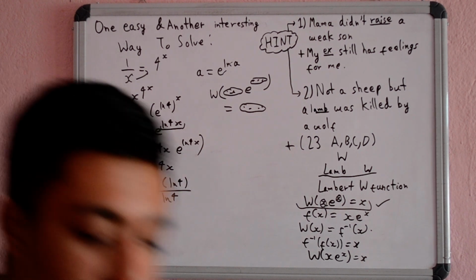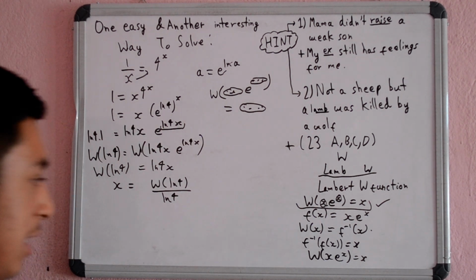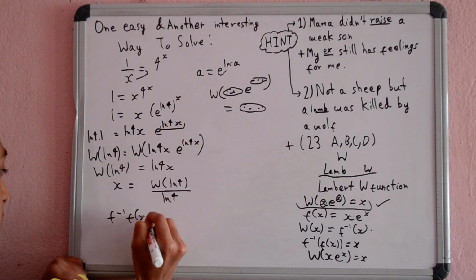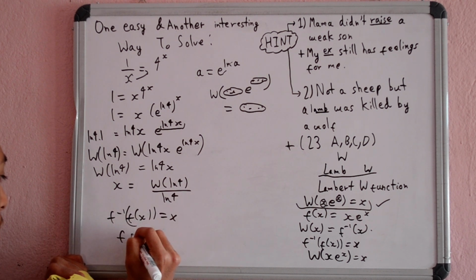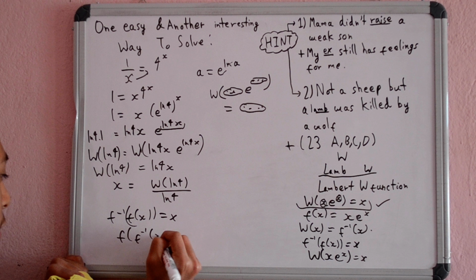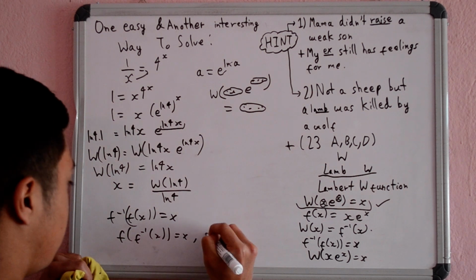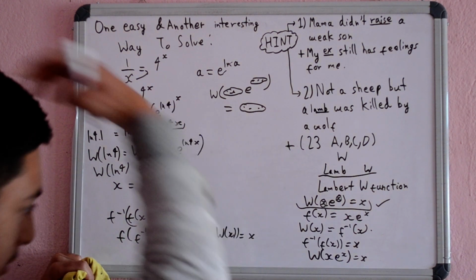Now I can give you another interesting way to represent this. So you know that f inverse of f(x) gives x, but that also means the function of the inverse function of x will also give x back, meaning that f of Lambert W of x will give x back.